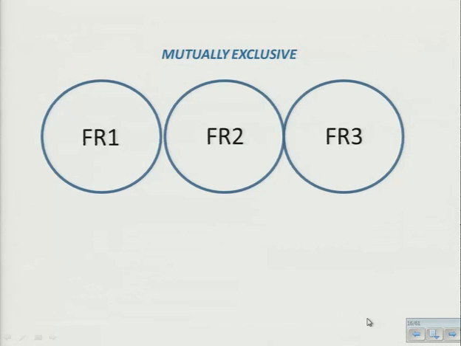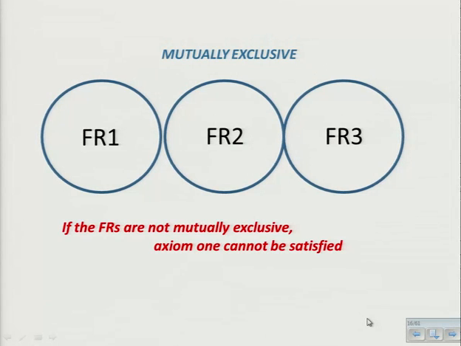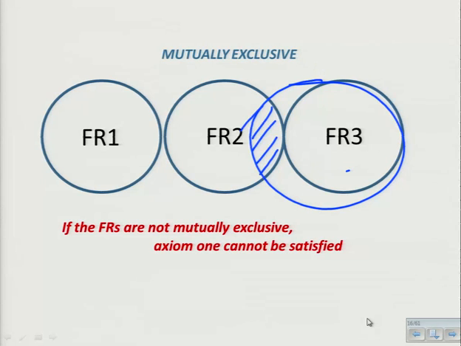So mutually exclusive. As I look at FR1, 2, and 3, they're all separate circles. They all define separate space so that they are not overlapping. If they are overlapping, so if FR3, for example, went out like that, then when I start to change FR3, I'm going to do something to FR2 as well.